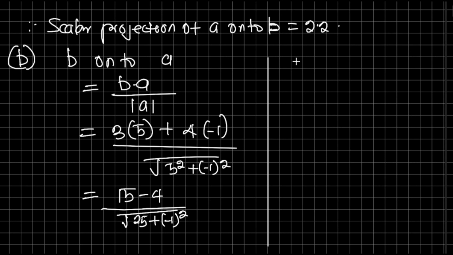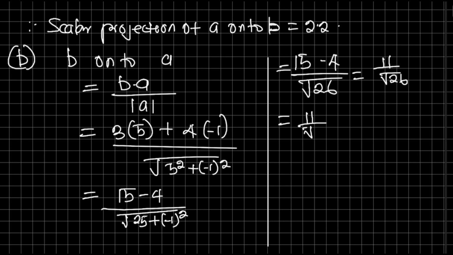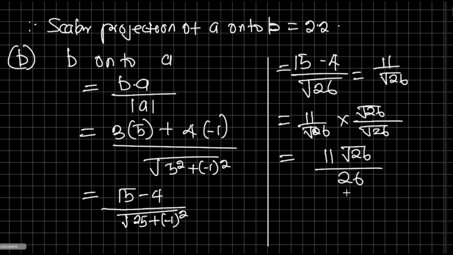That will be equal to 15 minus 4 all over the square root of 26, which is 11 all over the square root of 26. We cannot leave it like this. We need to rationalize. So 11 times root 26 all over root 26 times root 26, so that would be 11 root 26 all over 26.